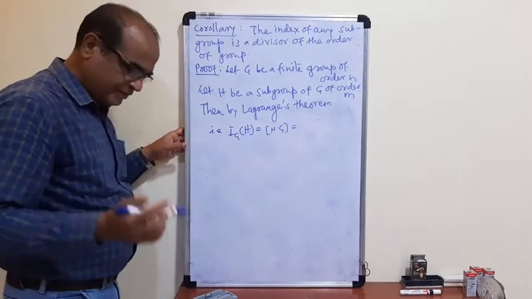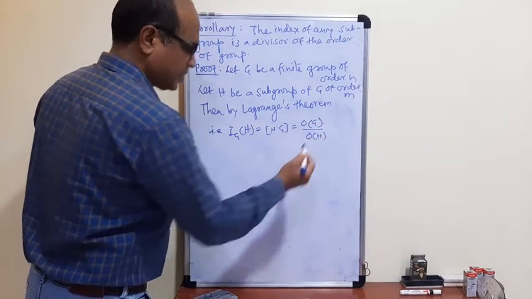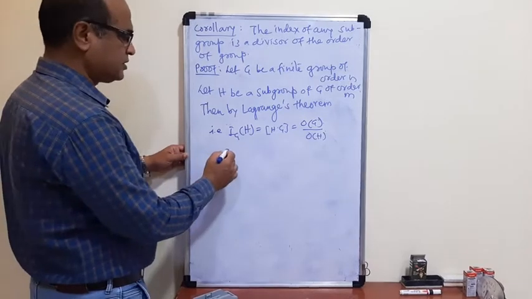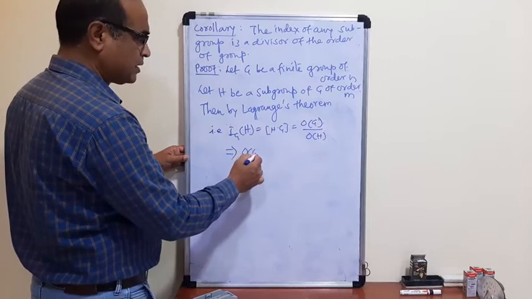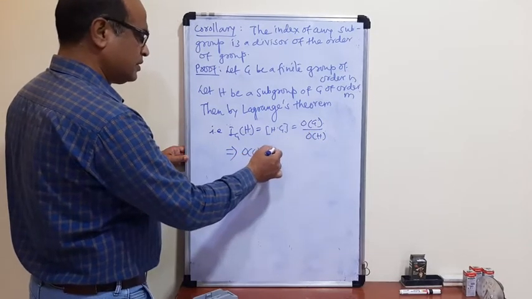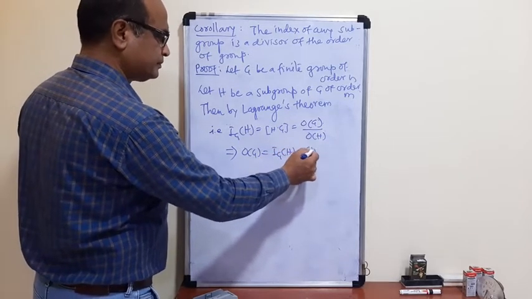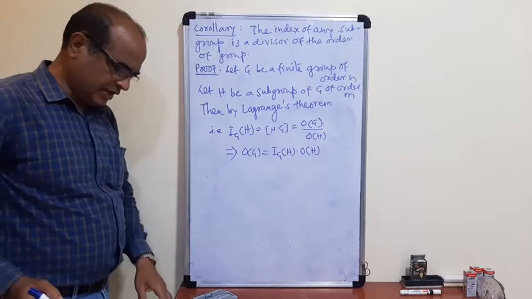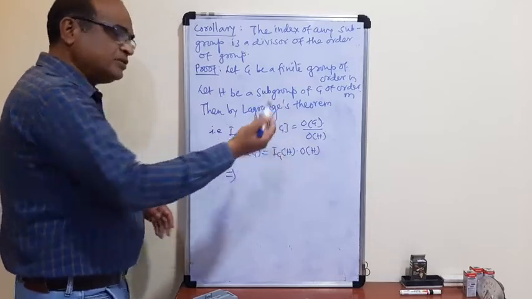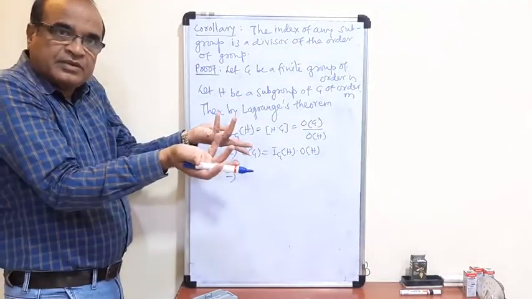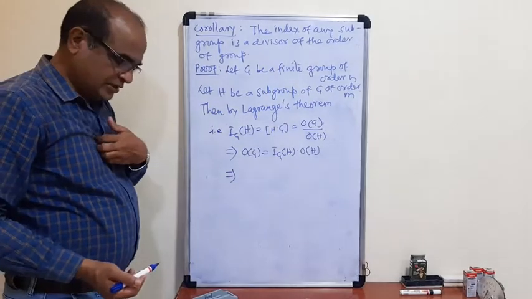By Lagrange's theorem, the order of H divides the order of G. This implies that the order of G is equal to the index of H in G times the order of H. So this is by using Lagrange's theorem, and we call it the index of H in G.